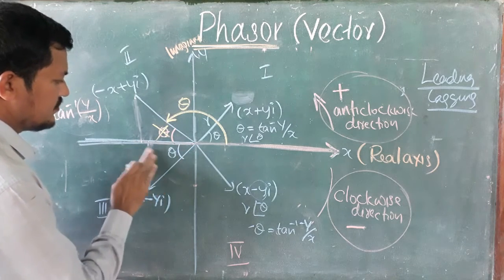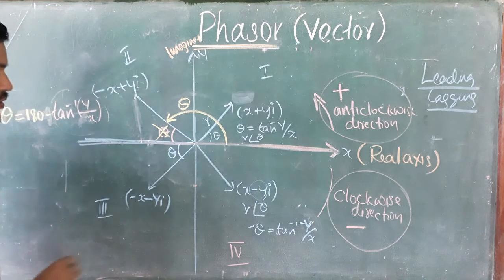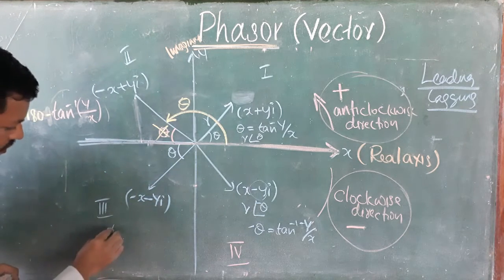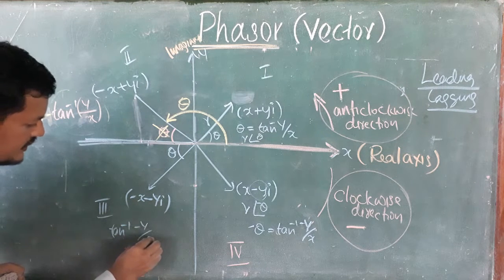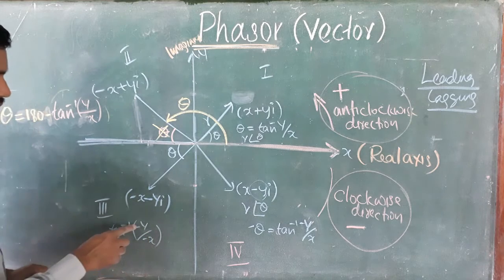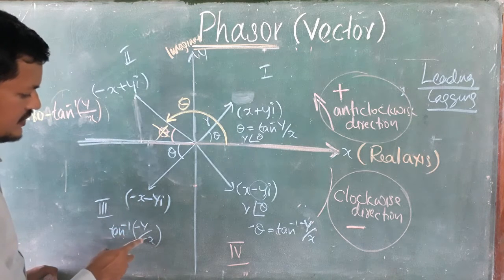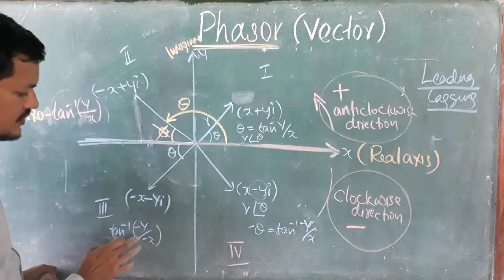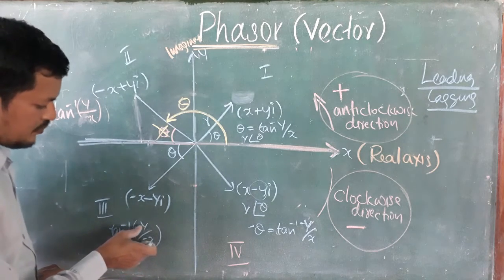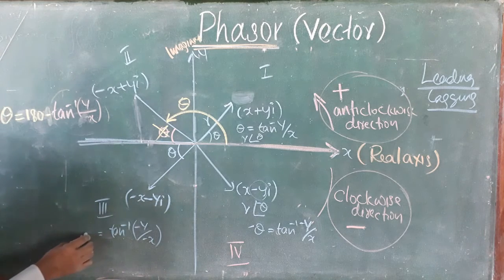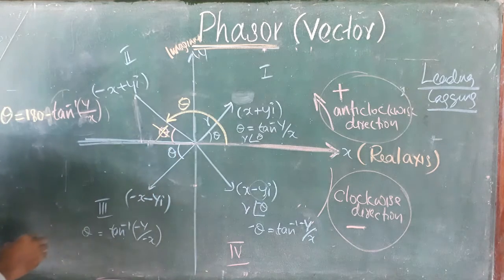While doing the calculation, tan inverse of minus y by minus x, here minus x and minus y, so the minus signs cancel. We get a positive value only, so theta also becomes a positive theta. We just got theta here.